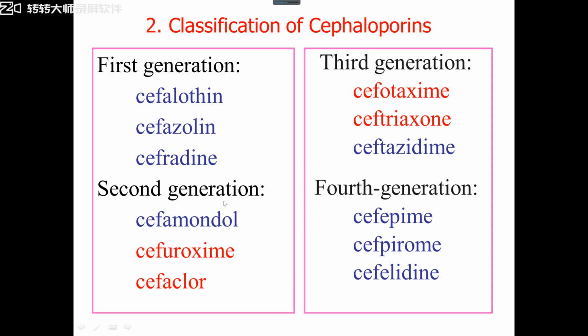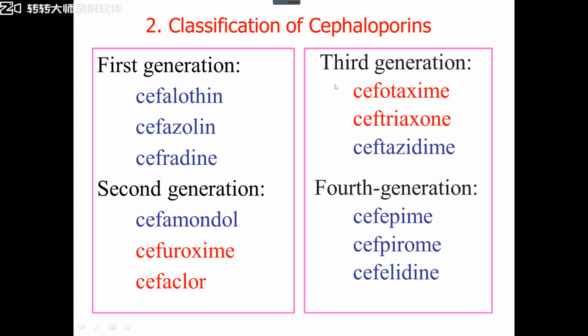Second generation cephalosporins include such as cefaclor, cefuroxime, and this one is 头孢克洛. And these two drugs are widely used in clinic in the second generation cephalosporins.